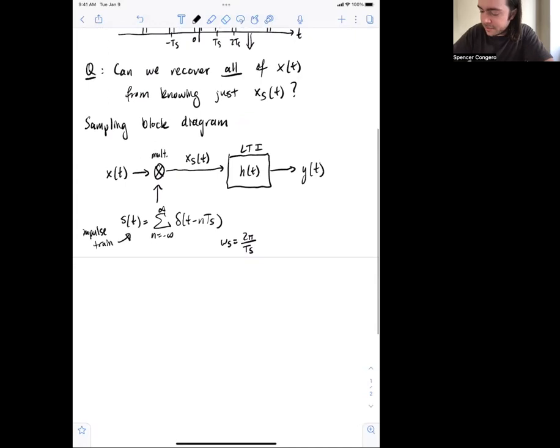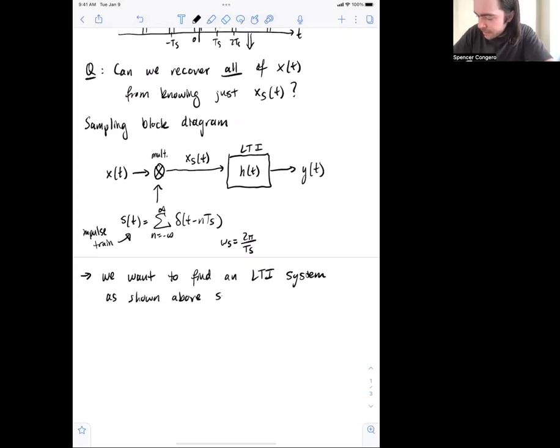Okay, so let me just write down what I just said. We want to find an LTI system as shown above, such that the output y of t actually equals x of t, and this is of course for all t.